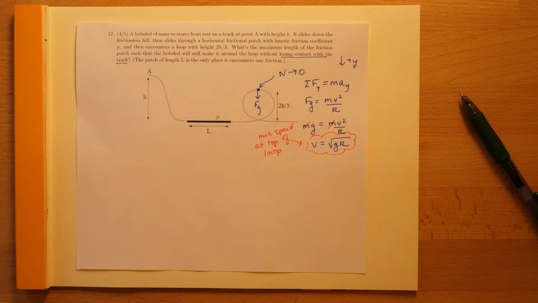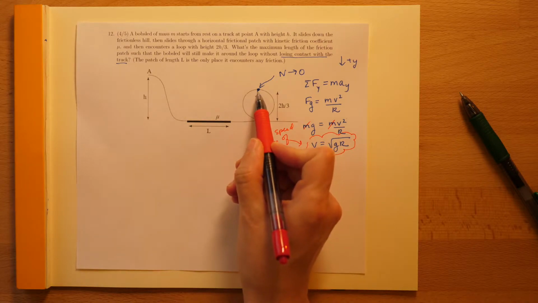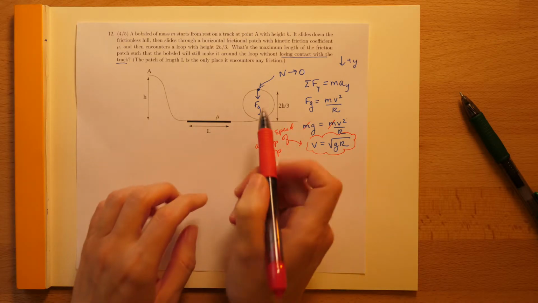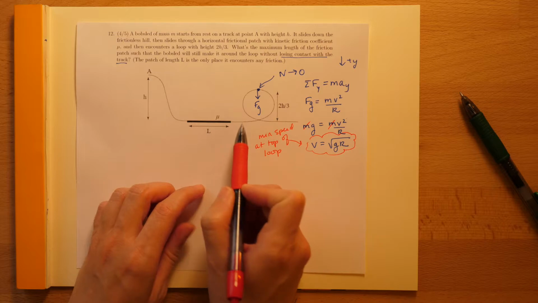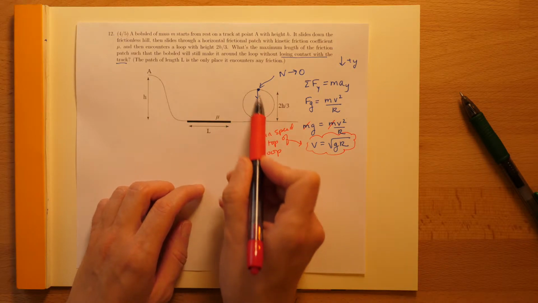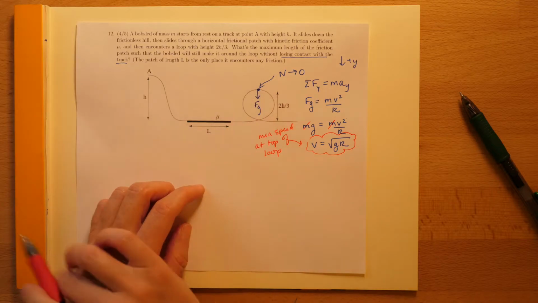Okay, so now we know the speed. So what's going to determine that speed? Well, the amount of mechanical energy that the bobsled has left after it goes through this patch of friction is going to determine the speed at the top of the loop.